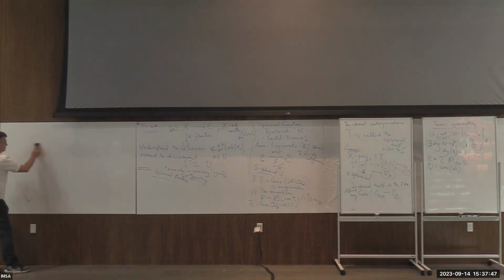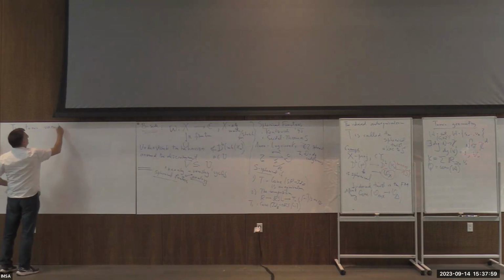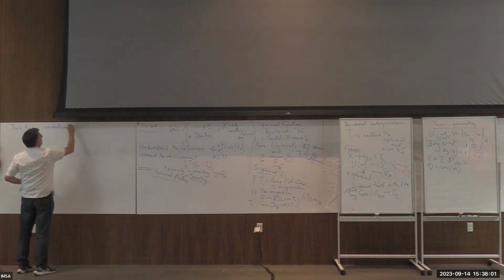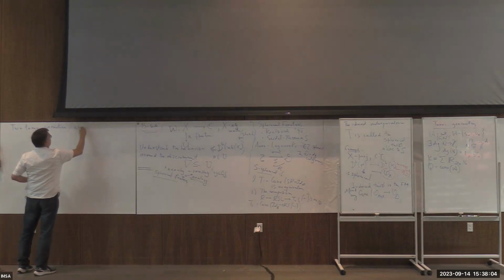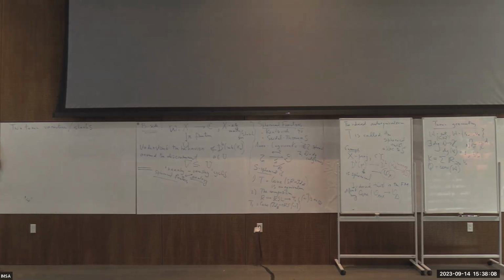It turns out that you can naturally associate two of them, two toric varieties, or rather I would say toric stacks, but we don't have to worry too much about that here.